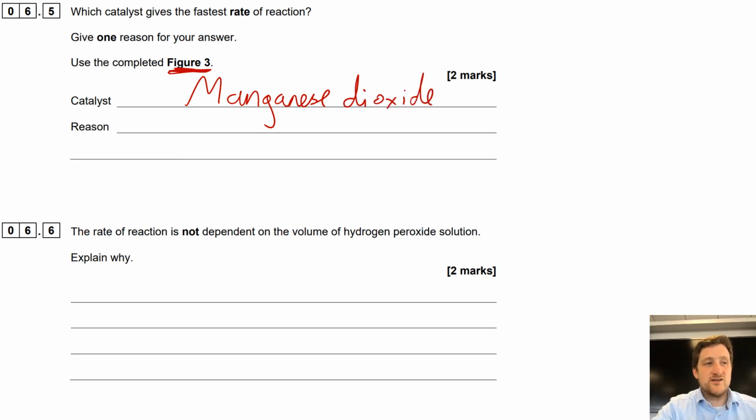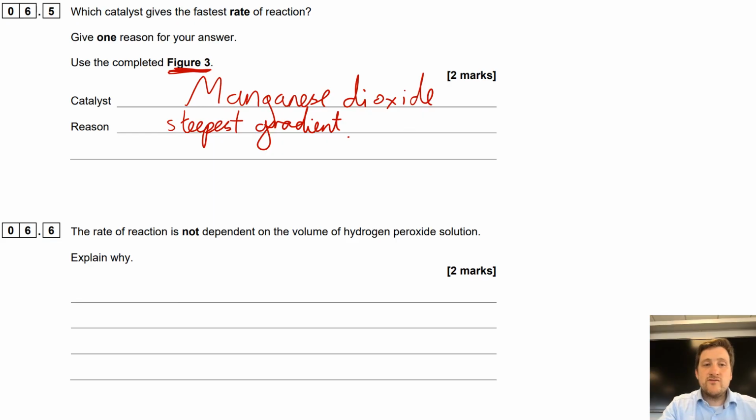Manganese dioxide gives the fastest rate of reaction as a catalyst because it has the steepest gradient, and that is the line we have just drawn. It's the steepest, so it's going to give the fastest rate of reaction.